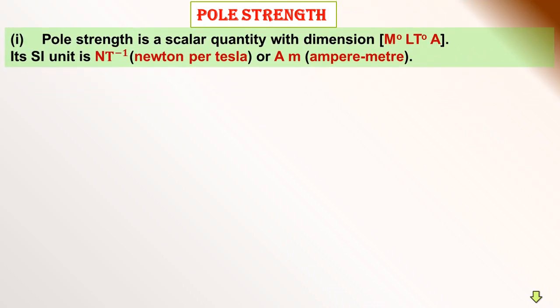Now, pole strength. Pole strength is a scalar quantity with dimension M^0 L^1 A^1. Its SI unit is N T^-1, that means Newton per Tesla, or A m, ampere meter.